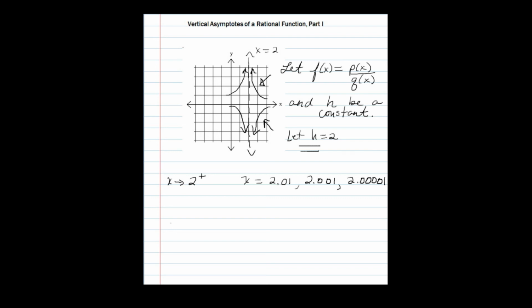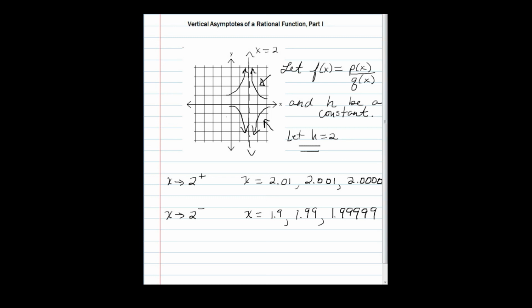So what does it mean to approach it from the left? As x approaches 2 from the left, we're now looking at values such as 1.9 or 1.99 or 1.999999 and so on. You get the picture. So we're getting closer and closer to 2, but this time we're slightly under 2, or less than 2. We are approaching 2 from the left.